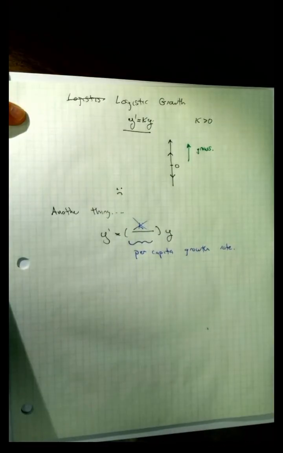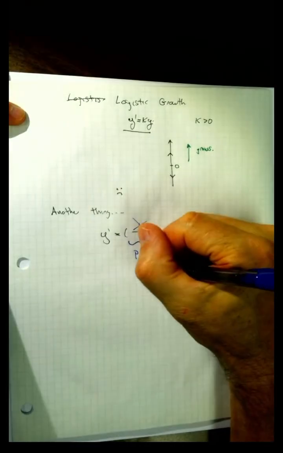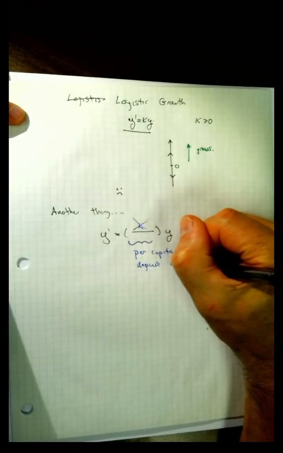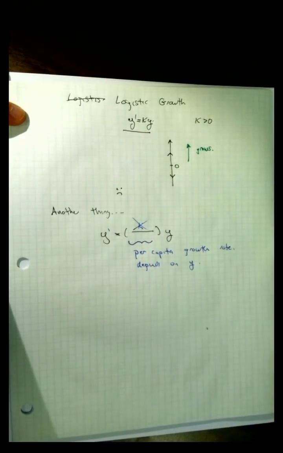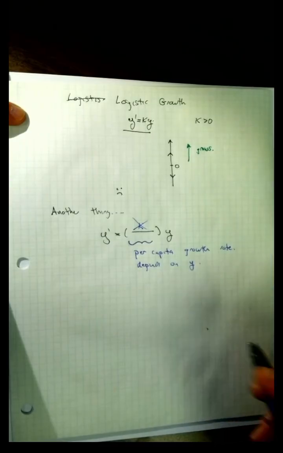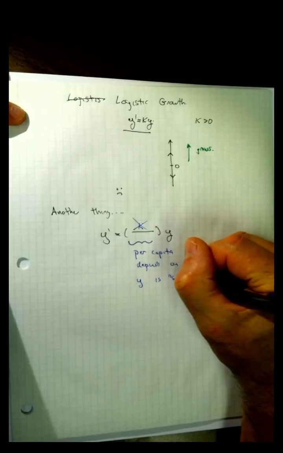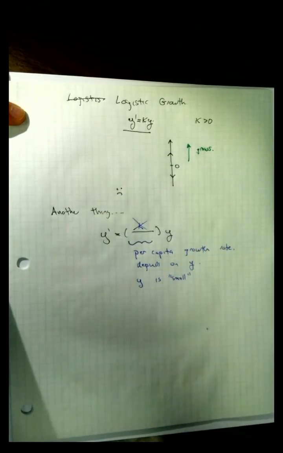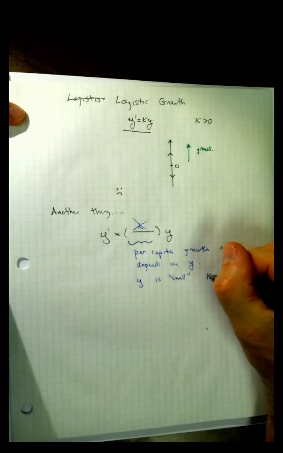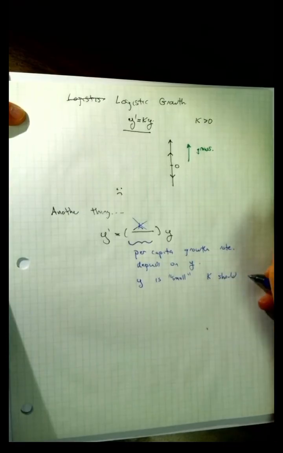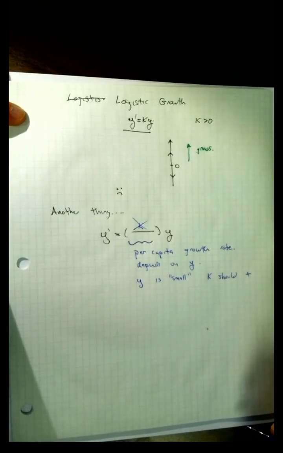And instead of a constant, we're going to ask what happens if it depends on how many organisms are there. What we want is, if y is small, that per capita growth rate should be positive.